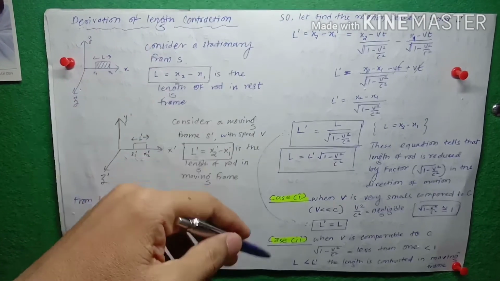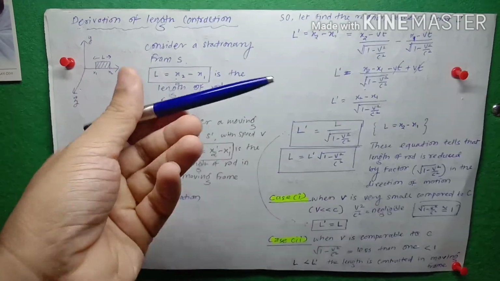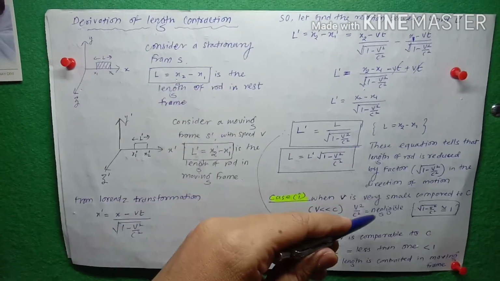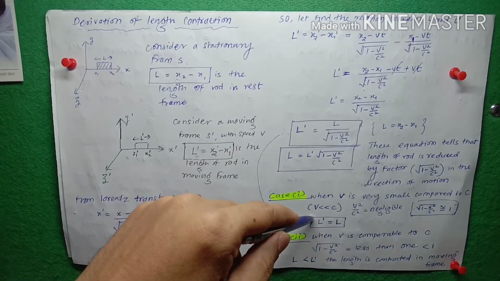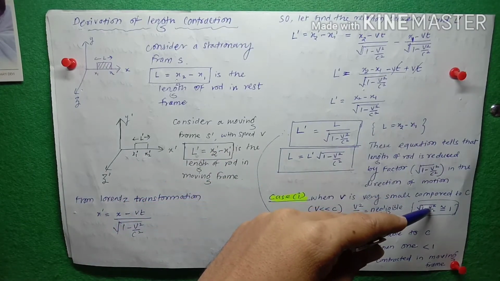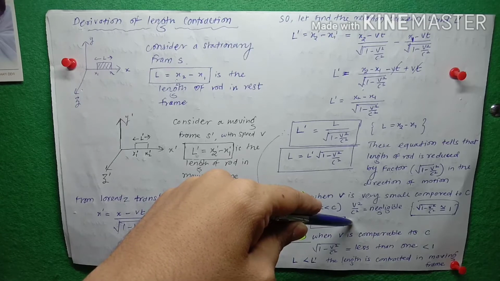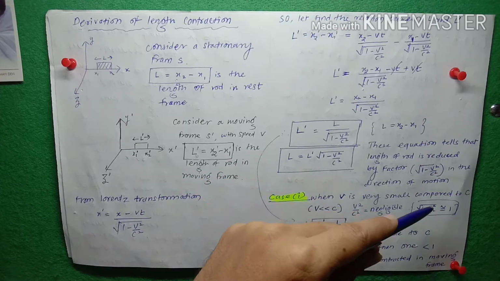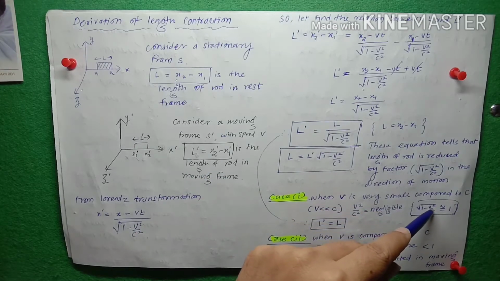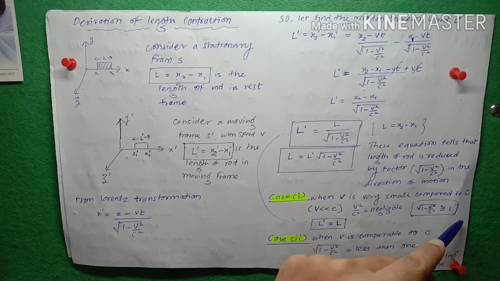So let us discuss two cases. First, when v, that is the velocity of the frame, or the velocity of the pen or rod, is very small as compared to c. When v is very, very small, obviously a small value divided by a very big value is going to be almost negligible, so it is better to neglect it. When you neglect this term in the factor, only 1 is left, and the root of 1 is 1.